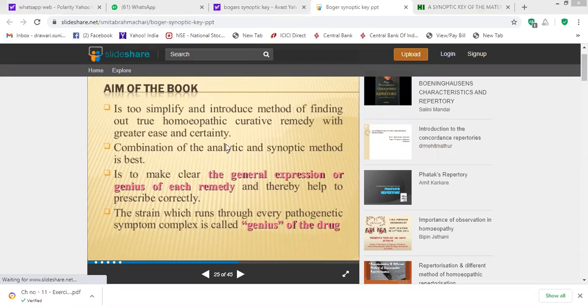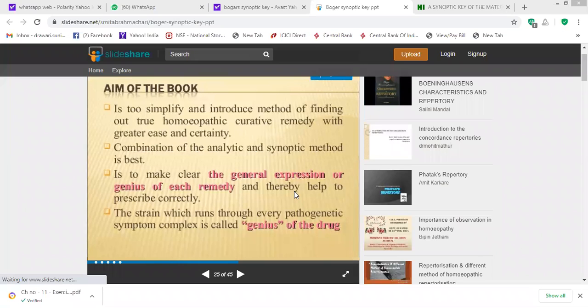The strain which runs through every pathogenetic symptom complex is called the genius of the drug. So what is the genius of each remedy? The strain which runs through every pathogenetic symptom complex is called the genius of the drug.